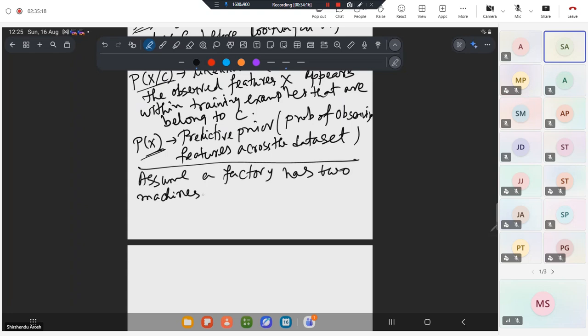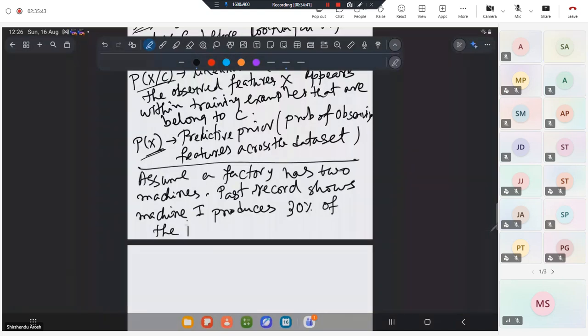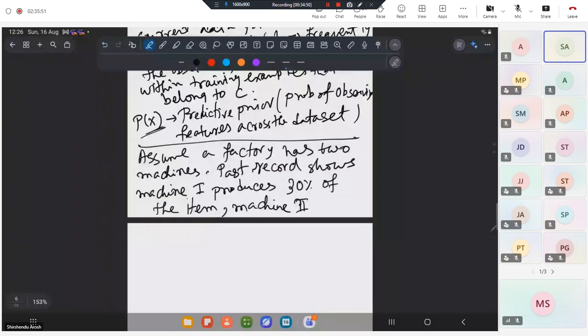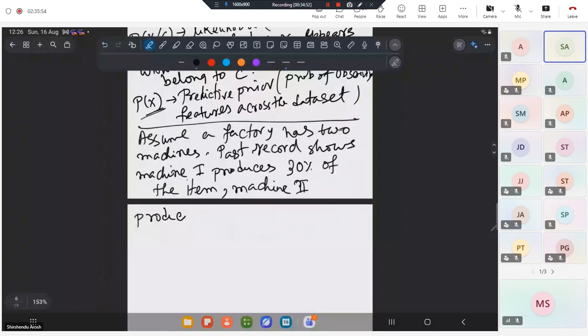Past record shows machine one produces 30% of the items. Machine two produces 70% of the items.